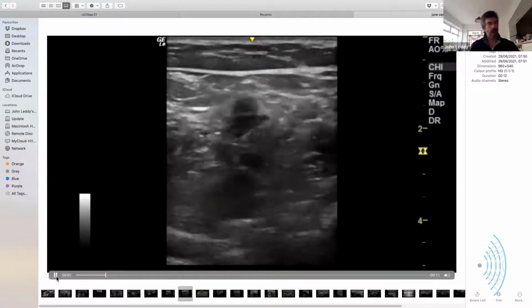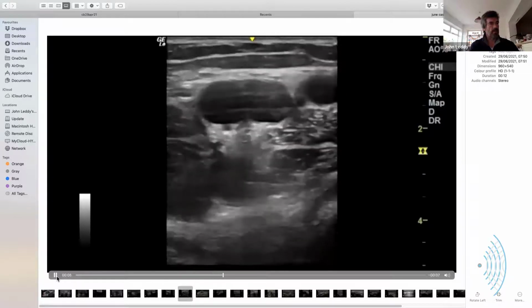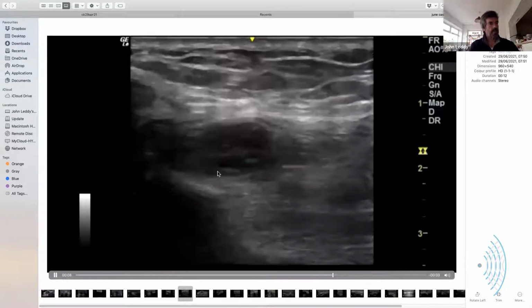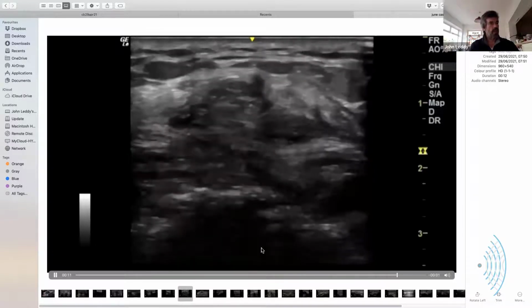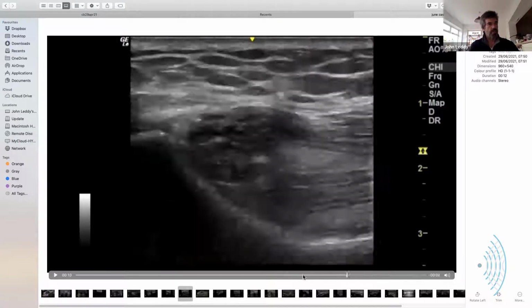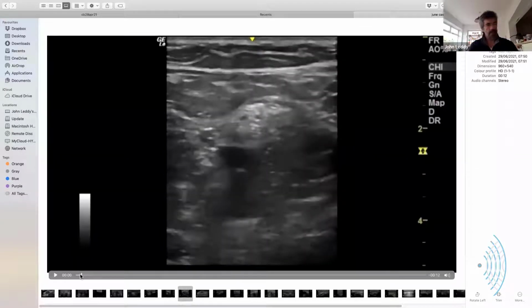I have not imaged this particularly elegantly, but I will go through it because it was an interesting case. So this is the track of the sural nerve, which follows along with the short saphenous vein between the heads of gastrocs. Yes.